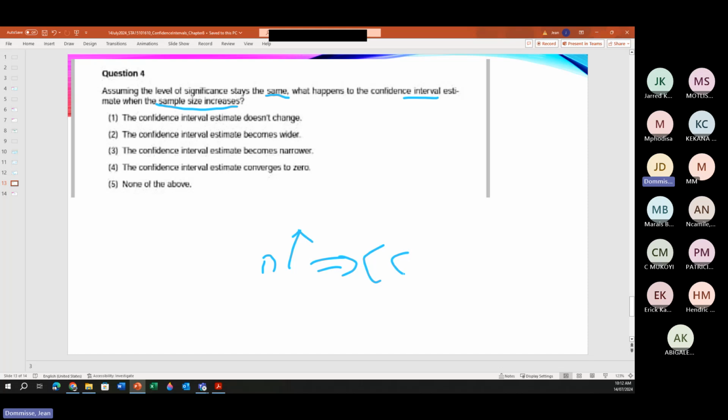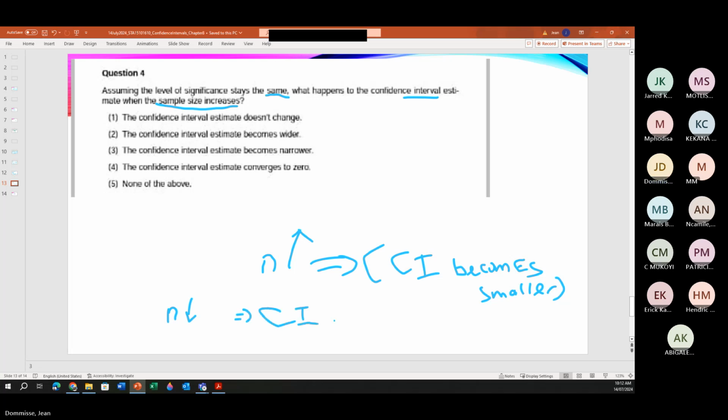your confidence interval becomes smaller. It just says becomes smaller. So the same, if a sample decreases, your confidence interval becomes bigger.